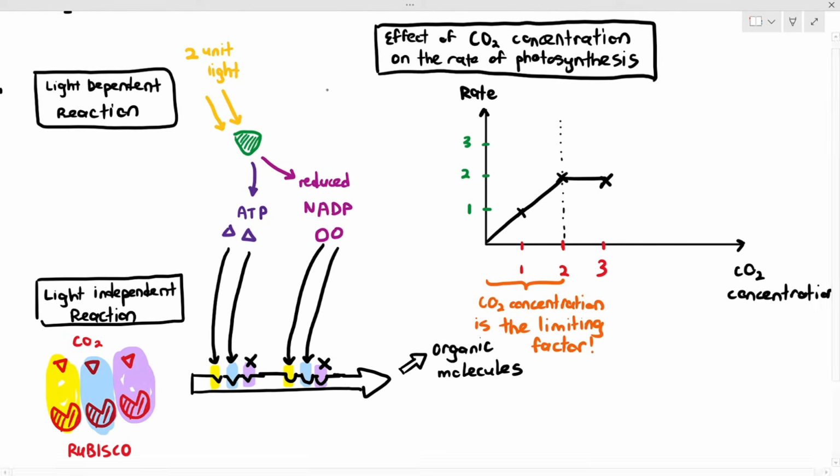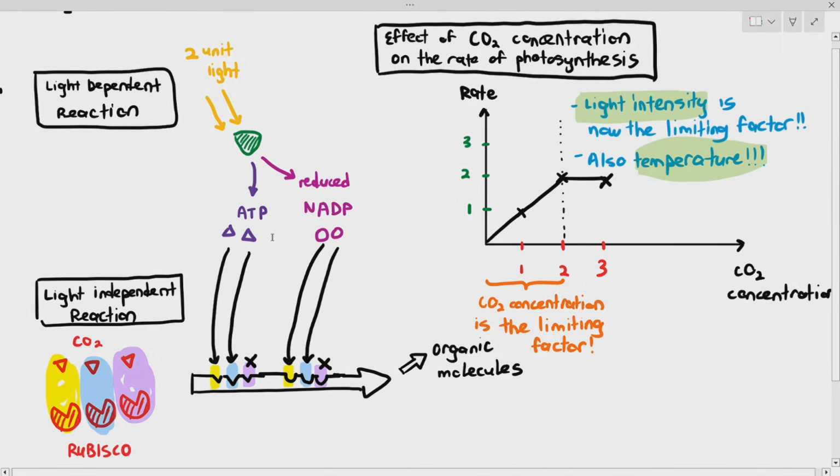But beyond 2, that means 2 to 3, it doesn't have enough ATP or reduced NADP, which means to say, if you want to have more ATP and reduced NADP, what do you need to do? You need to add more light. Therefore, beyond 2 units of carbon dioxide concentration, light intensity is now the limiting factor.